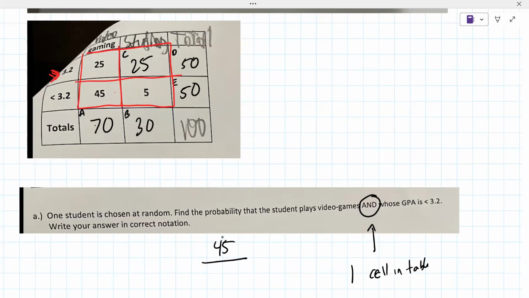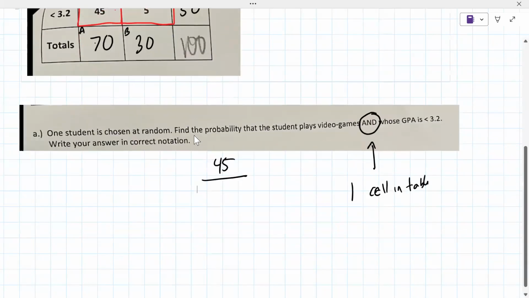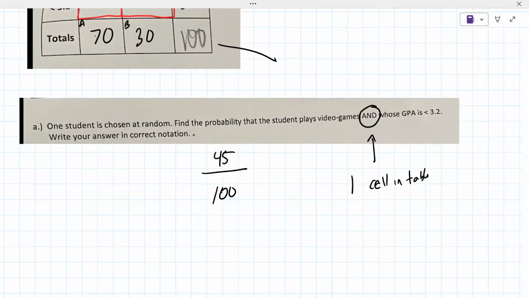What's the total number of students? 50. No, how many total students are there? 100. So ands and ors use this number down here.